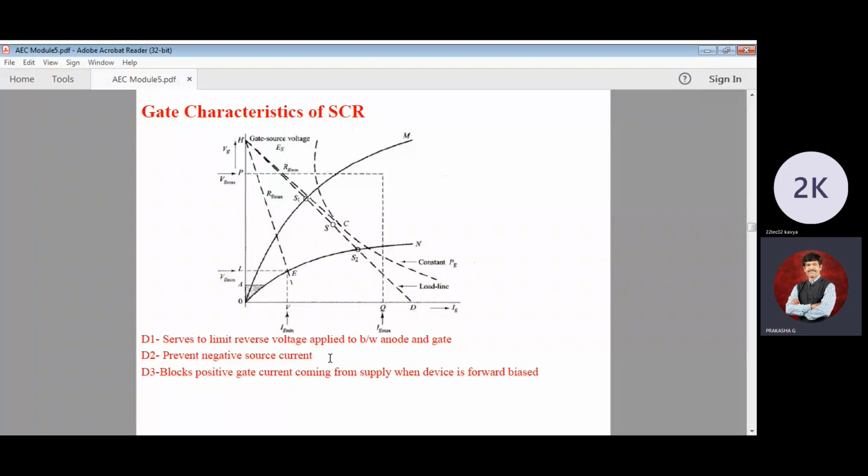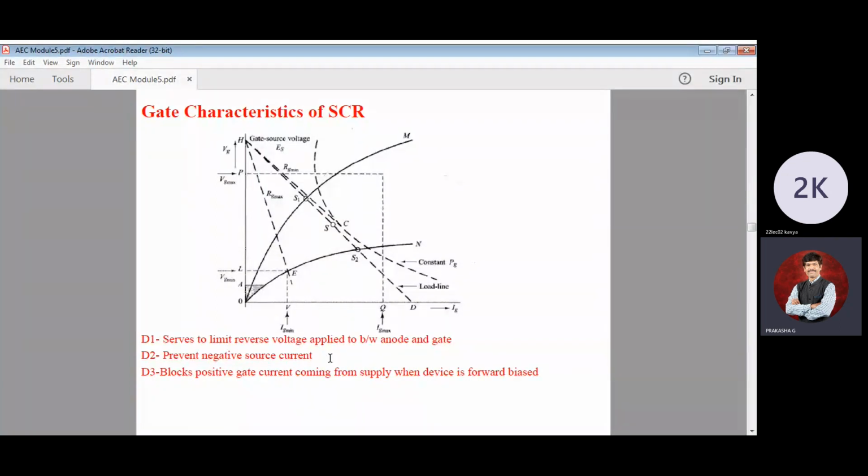In the previous graph, IG1, IG2, IG3 we have checked, no? So what should be the IG minimum, what should be the IG maximum, we should give that. So I will be using IG min and IG max. This is IG1 or IG min and this is IG max. Based on this, I will be in a position to measure the value of VG min and VG max.